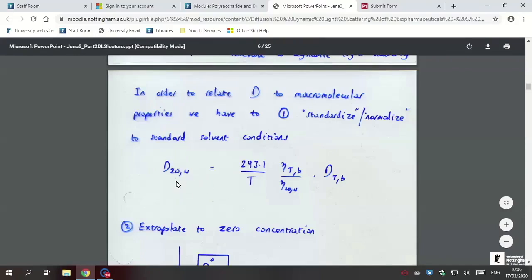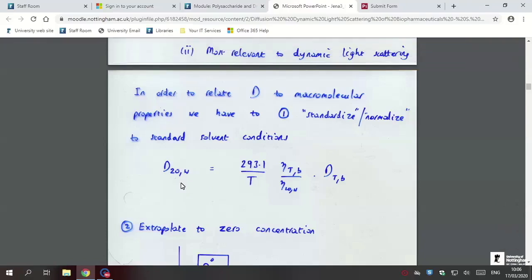So the standard conditions for comparison is the viscosity and temperature of water at 20 degrees centigrade.